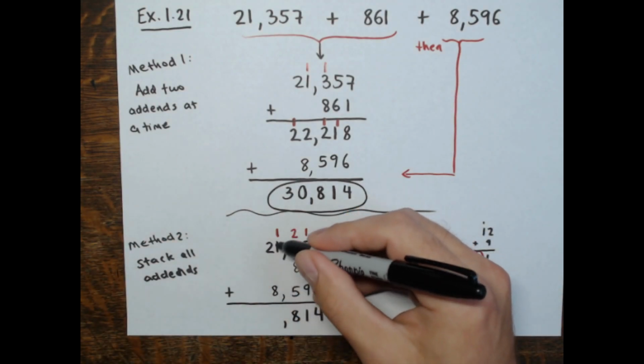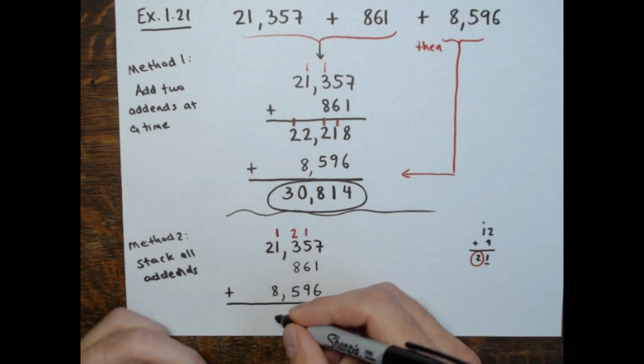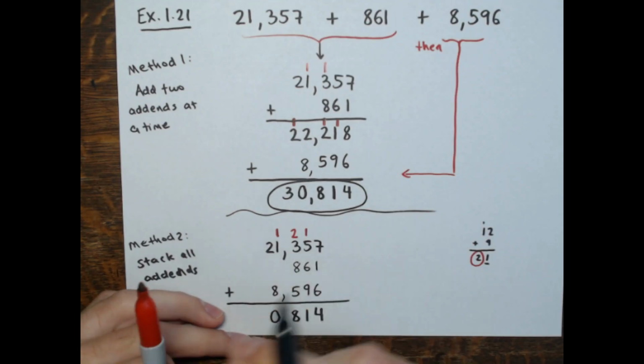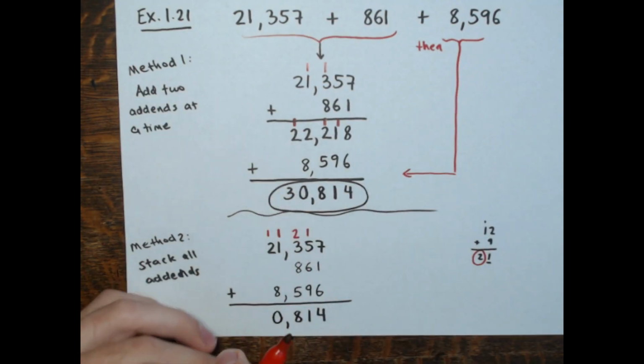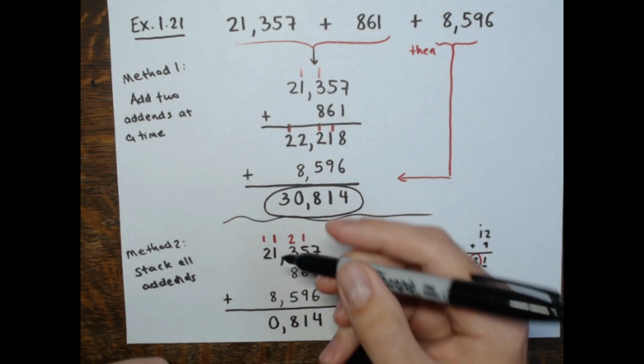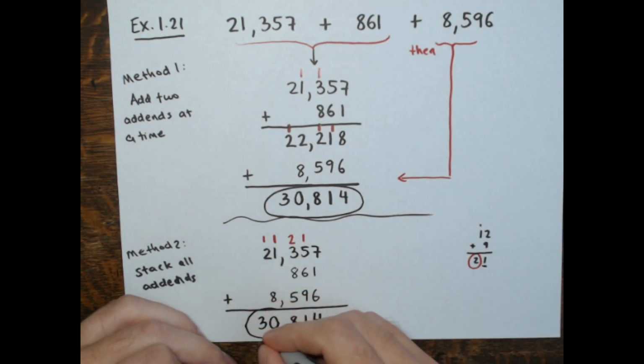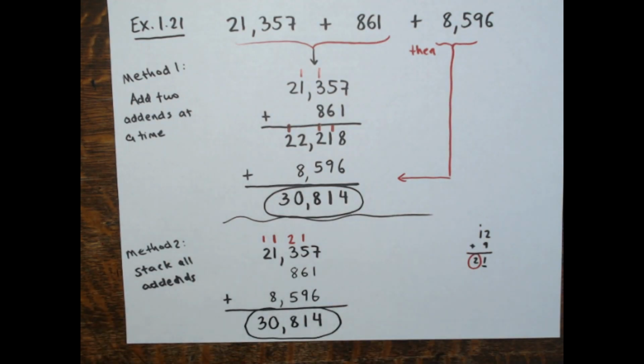Then in the thousands place, 1 plus 1 is 2, 2 plus 8 is 10, so that's 0 here, and then 1 in the next place, and that 1 is 10,000, then 1 plus 2 is 3. And you see I get exactly the same thing, right? 30,814.